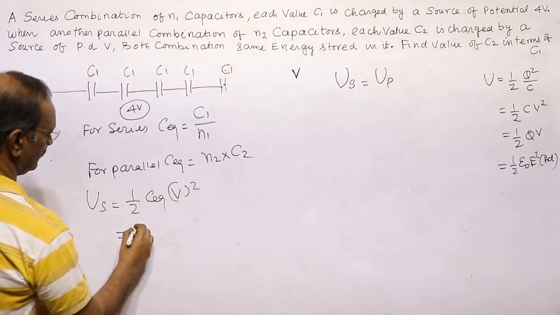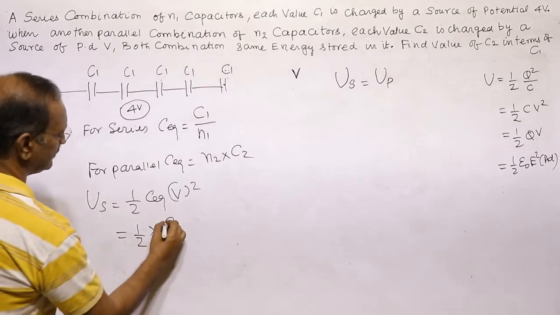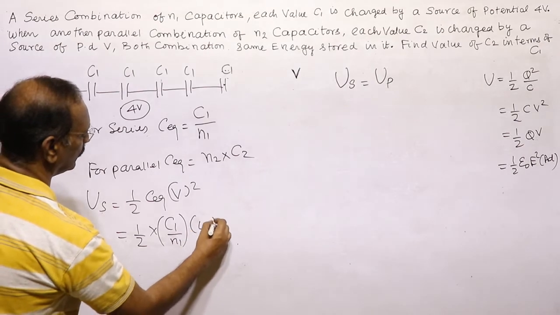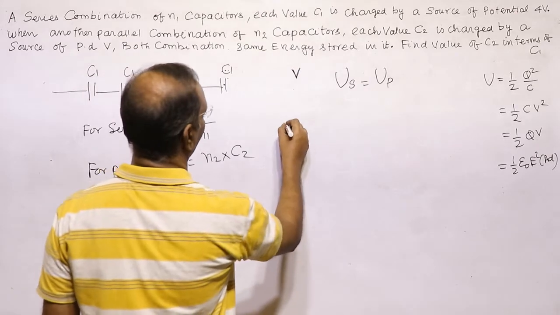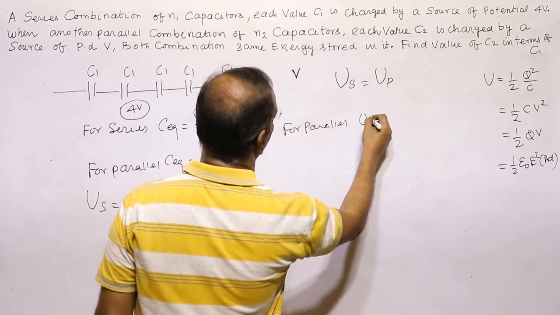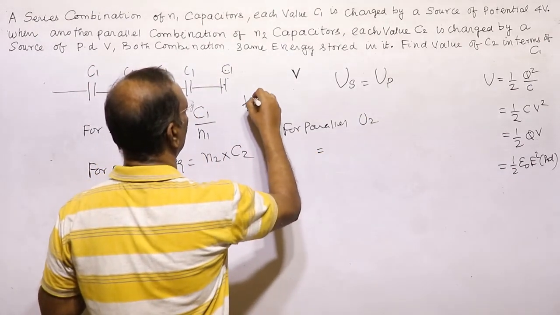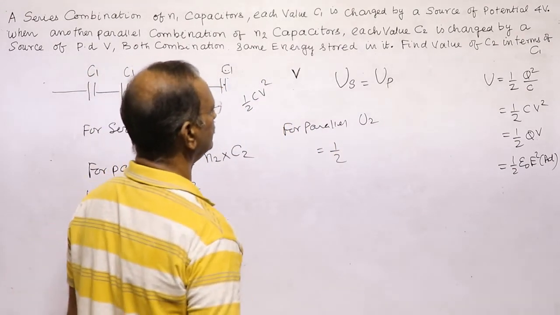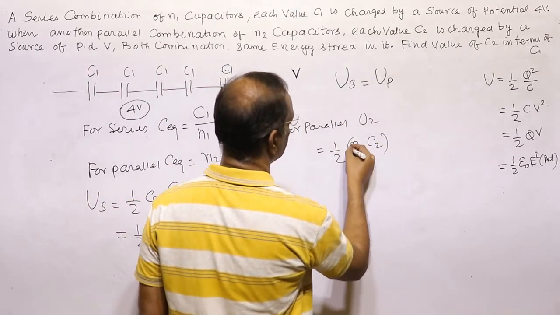For series, this is half into C1 by N1 into 4 volt whole square. For parallel, U2 is equal to half into C equivalent into V square, since energy is half C V square. There are N2 capacitors in parallel, so C equivalent is N2 C2.